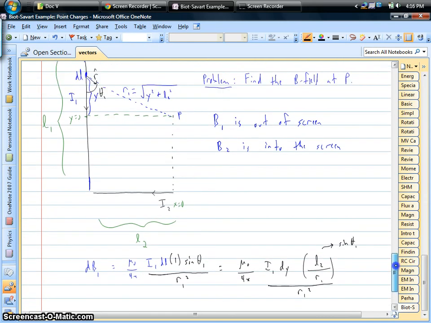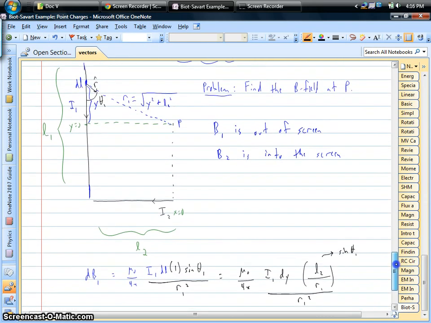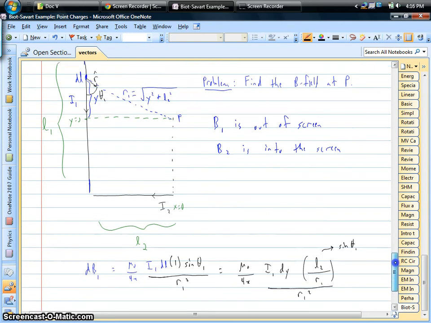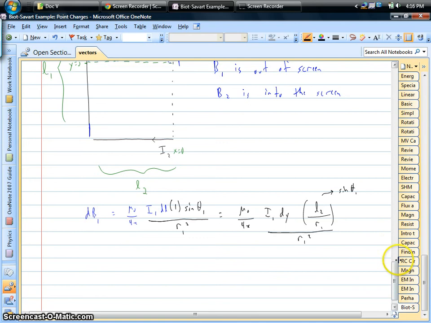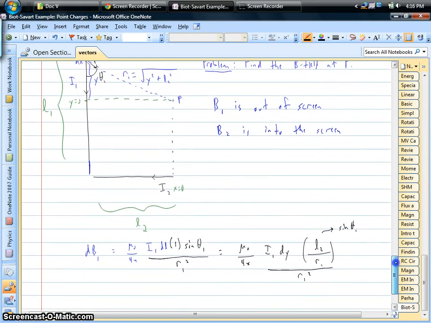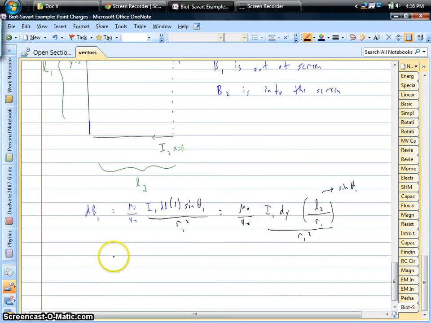Now, how do you find the total magnetic field due to current 1? Well, we have an expression here now from the geometry of the problem that gives us the little magnetic field from a little piece of the current, a little piece of the wire. If you want to get the total field, you have to add up all these little fields. That's what integrals do.